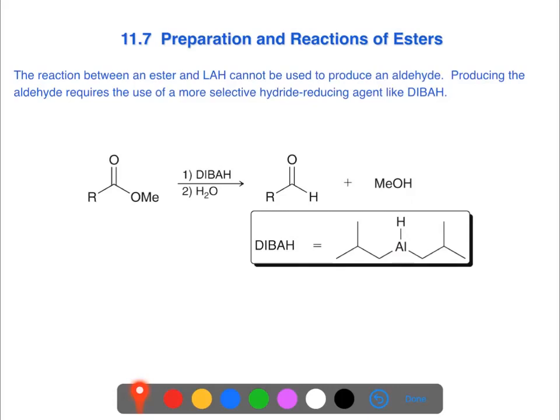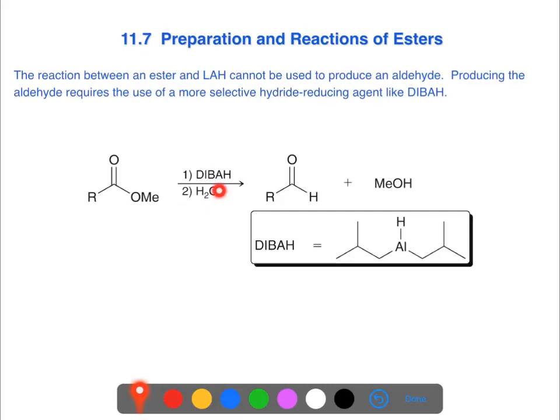So DIBAH is going to act as our hydride delivery agent, and it's going to produce, again, through a nucleophilic acyl substitution mechanism, that tetrahedral oxide intermediate, and then we're going to have subsequent reformation of the carbonyl and loss of the methoxide.